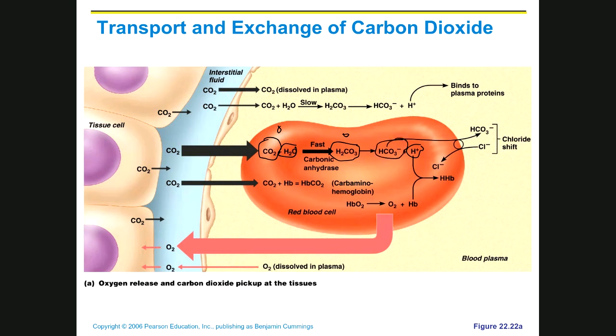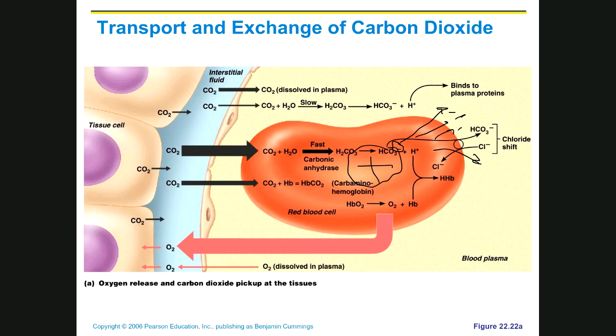Remember, our bicarbonate, as it builds up, it's going to leave the red blood cell and enter the plasma. Well, look, it's going to take a negative charge with it. So if I keep taking negatives out of here, what's going to happen is the inside of the red blood cell is going to become positive.